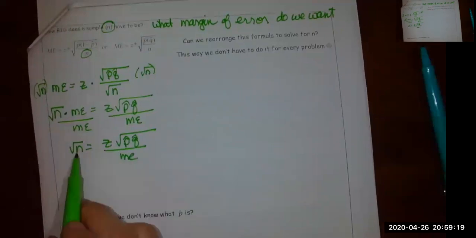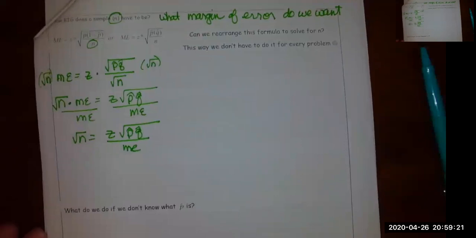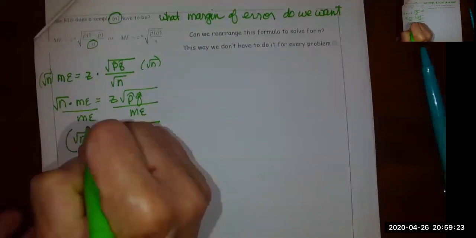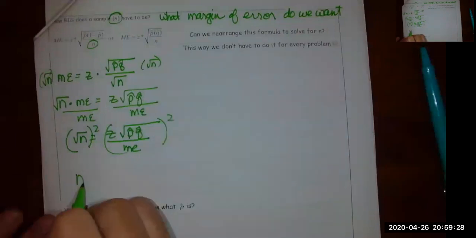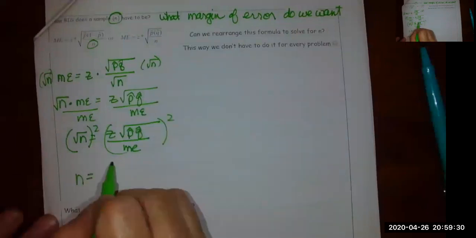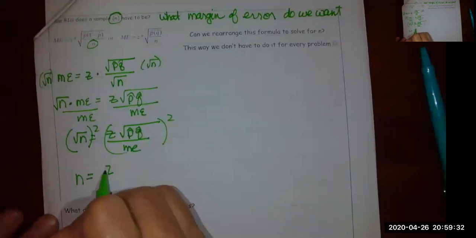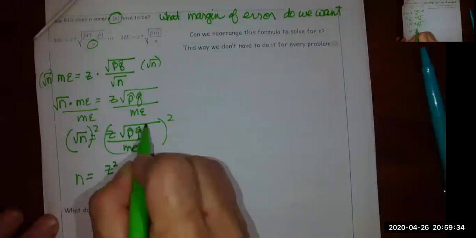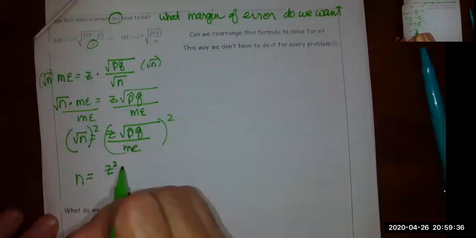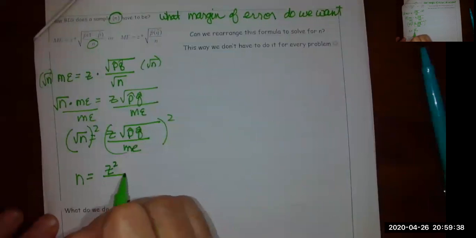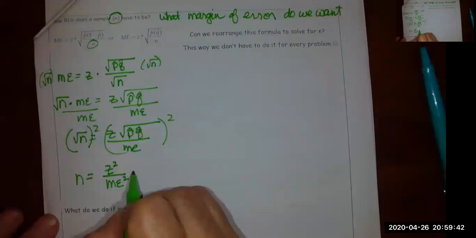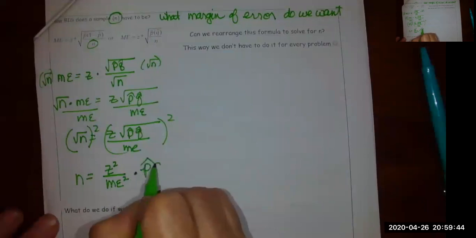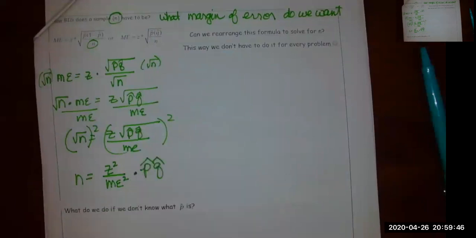Now I can't have a square root there because I want to know how big n is. So I will square both sides. And what we get is n equals z squared, since the square root squared is just going to be that, over margin of error squared, times PQ. So now we have n.